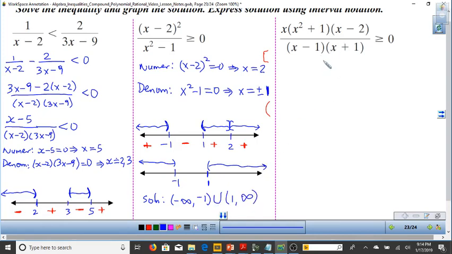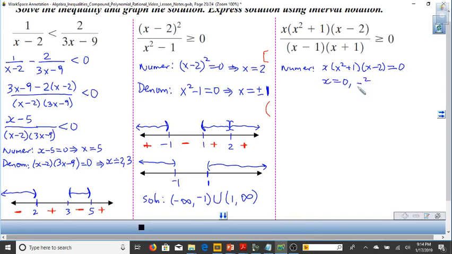Now for our last example, the markers again. The numerator markers are going to be x times x squared plus 1 times x minus 2 equal to 0. And when I solve these, I get the markers are going to be x equal to 0, but x squared plus 1 does not give you a negative 1. So that gives me no markers right there. And then x minus 2 is going to give me 2.